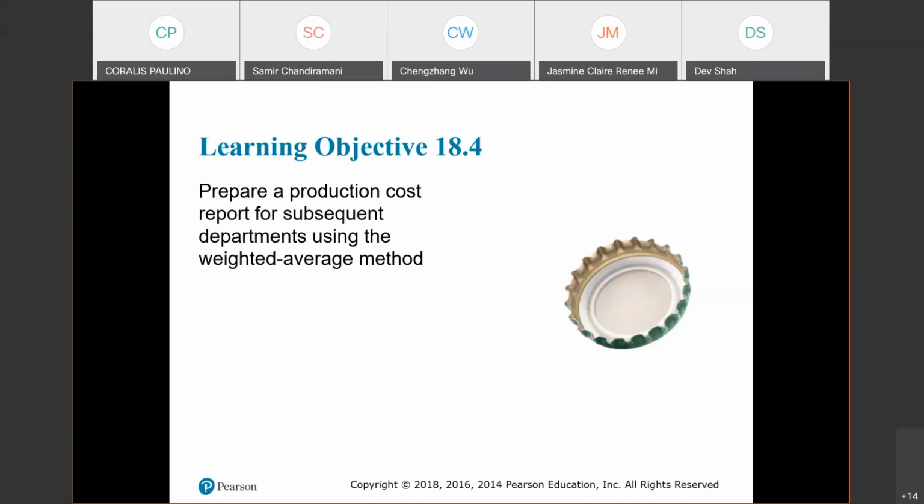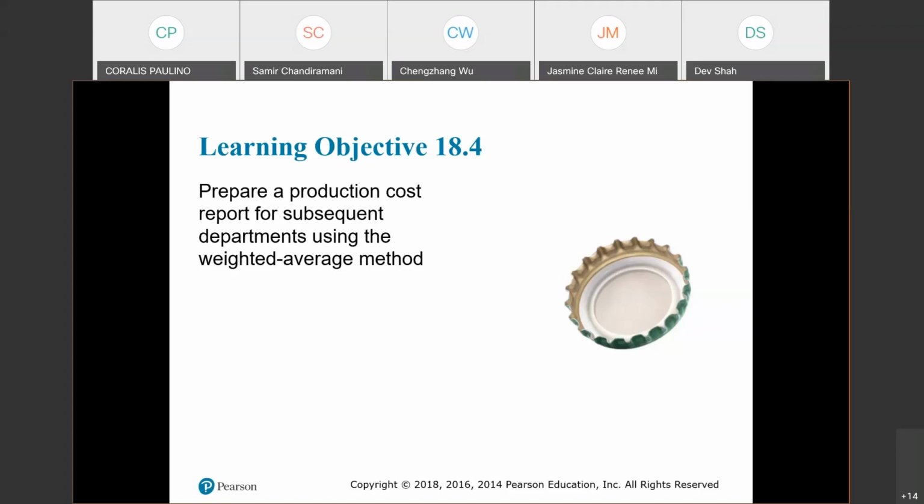As I said, in process costing, the total costs incurred during the period in the department can be divided into two parts. The first part is pretty much straightforward for you. That is, the costs transferred to the next department at the end of the period, or the units completely finished in that department.